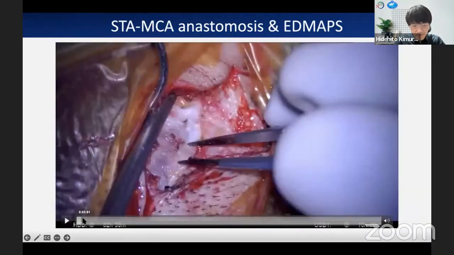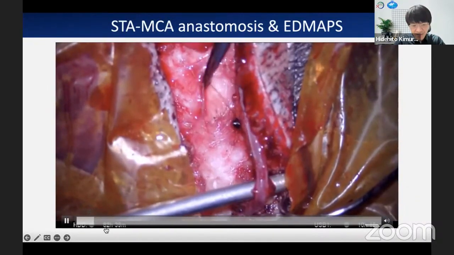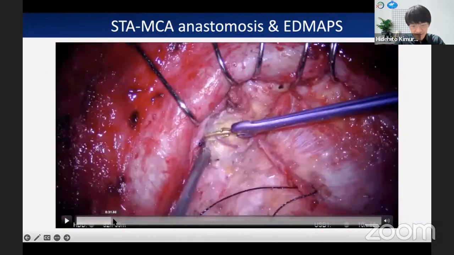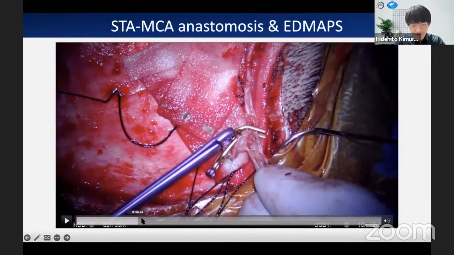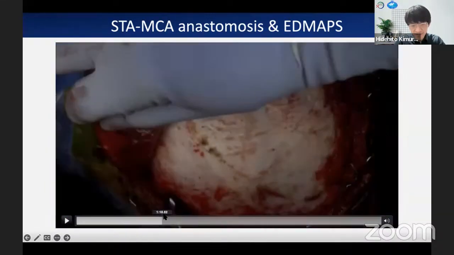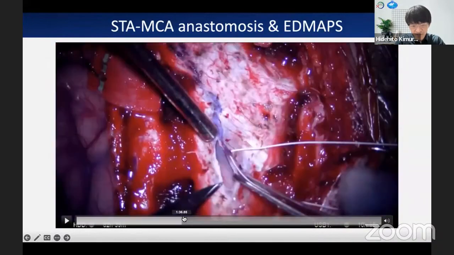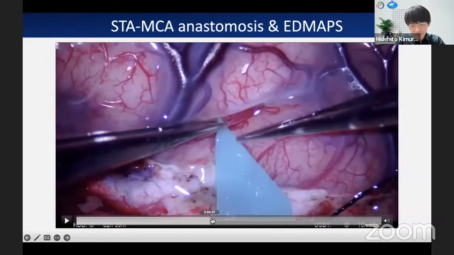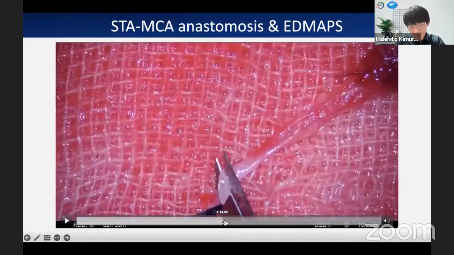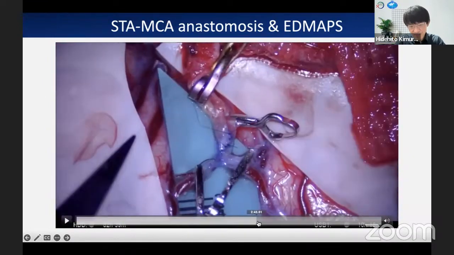As I mentioned, using the bipolar cutting technique, the skin flap was reflected, and the temporal muscle, temporal fascia and the pericranium in the frontal region were also to be used for this surgery. Both STAs were harvested appropriately and anastomosed appropriately.